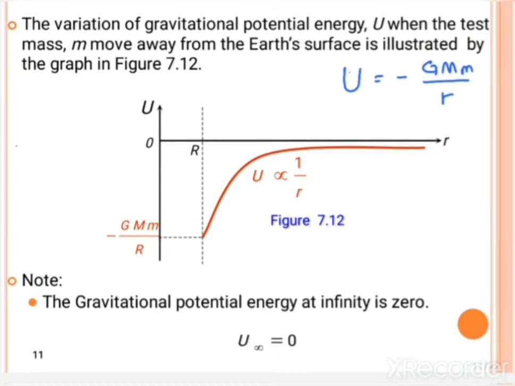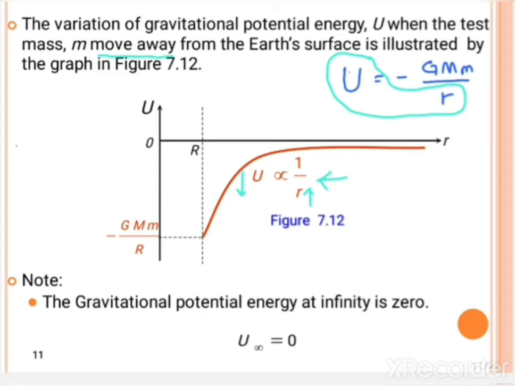The variation of gravitational potential energy U when the test mass m moves away from the Earth's surface is illustrated by this graph. From this equation, U equal to negative GMm over R, look at the relationship between U and R. You'll get U is inversely proportional to R. When R increases, the value of U will decrease in magnitude.